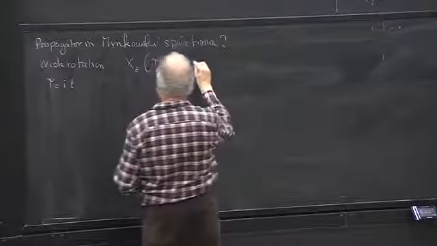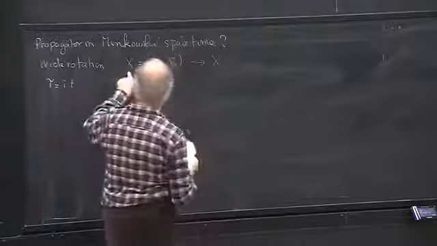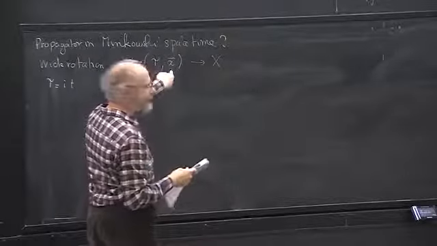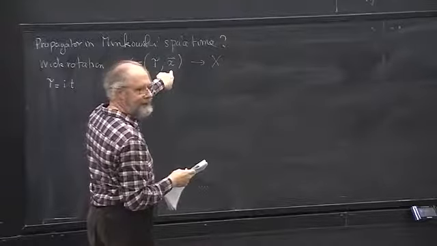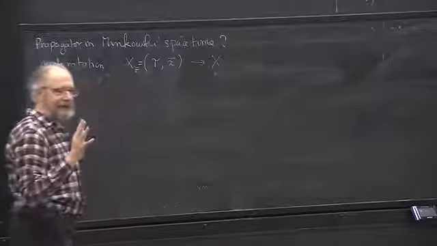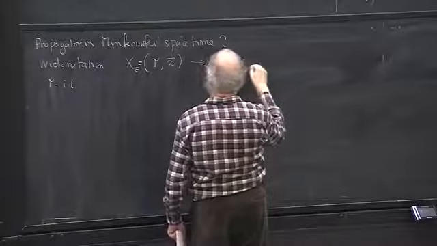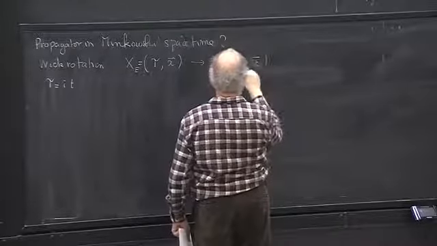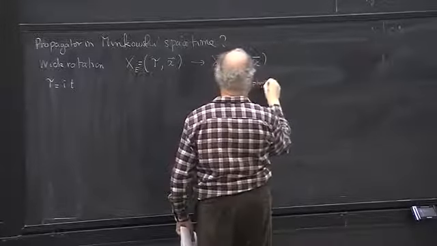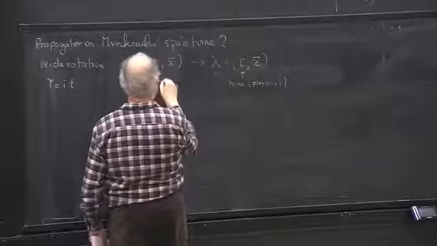So x is a vector in Euclidean space-time, so its first component is Euclidean time, and the next ones are the Euclidean space coordinates, to go to a vector in Minkowski space-time, whose components are physical time and x. So this is physical time, and this is Euclidean time.